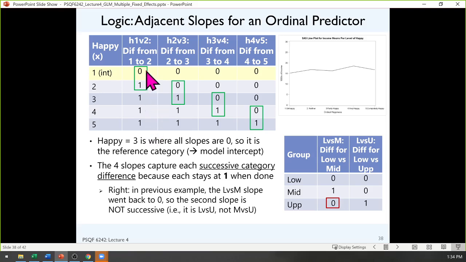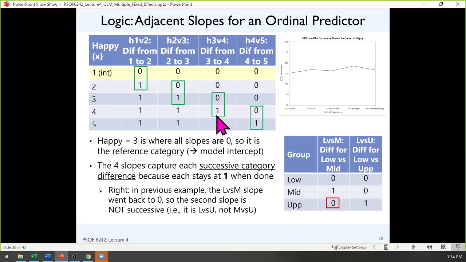So if all I had was this first column in the model, what it would give me would be the one group versus the average of all the others, because all the others have a 1, if that's all I have. The second column then picks up to distinguish, to turn on, so to speak, between 2 and 3, and then it shuts off. The third column picks up at 3, and the last column picks up at 4.